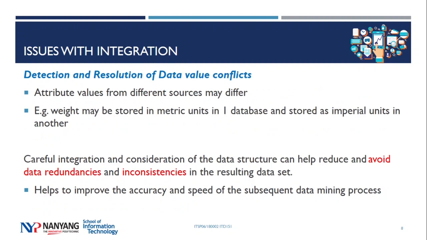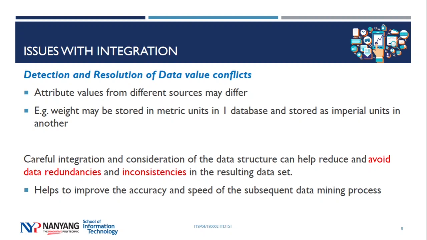In terms of detection and resolution of data value conflicts, this is a case when we have data from different sources. So for example, in Singapore we capture weight in kilograms, whereas if the source is in the UK, the weight will be captured in the unit of pounds. Similarly, for height, different sources may capture the data in different units.